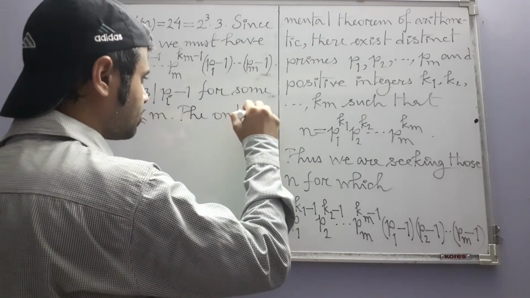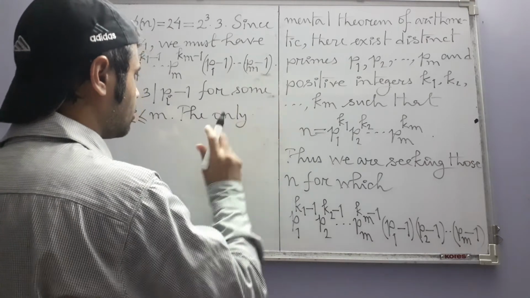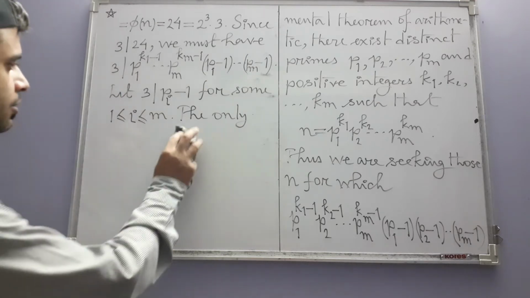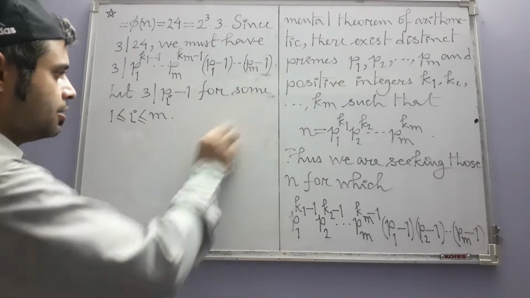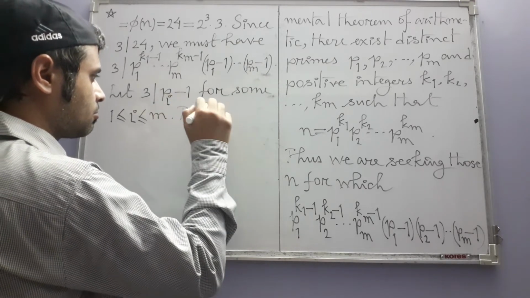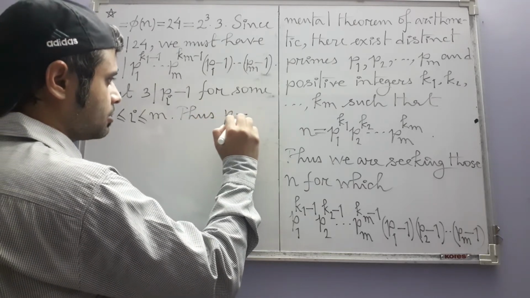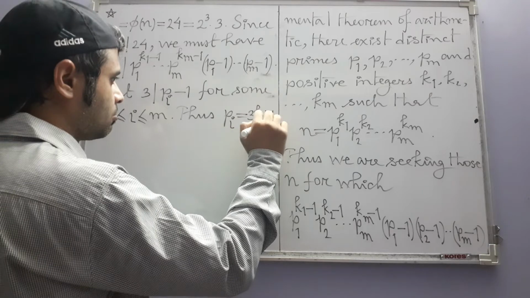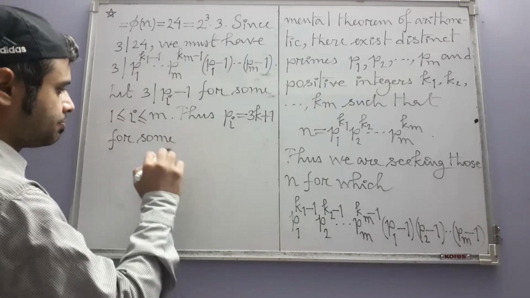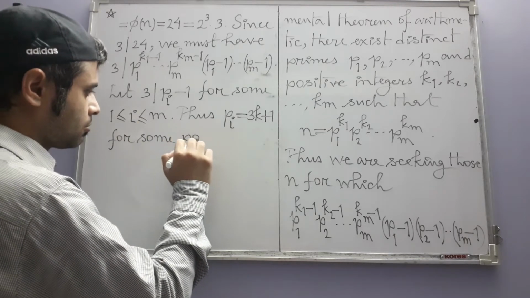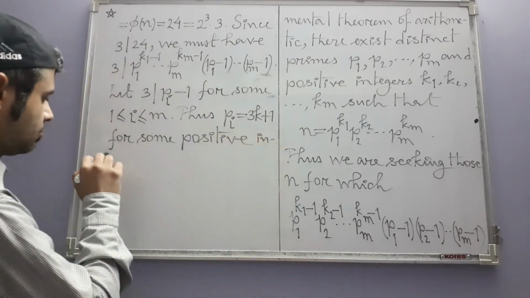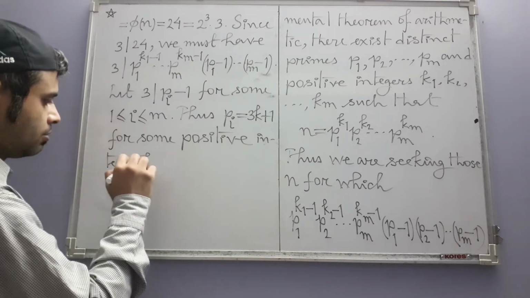Thus pi is equal to 3k plus 1 for some positive integer k.